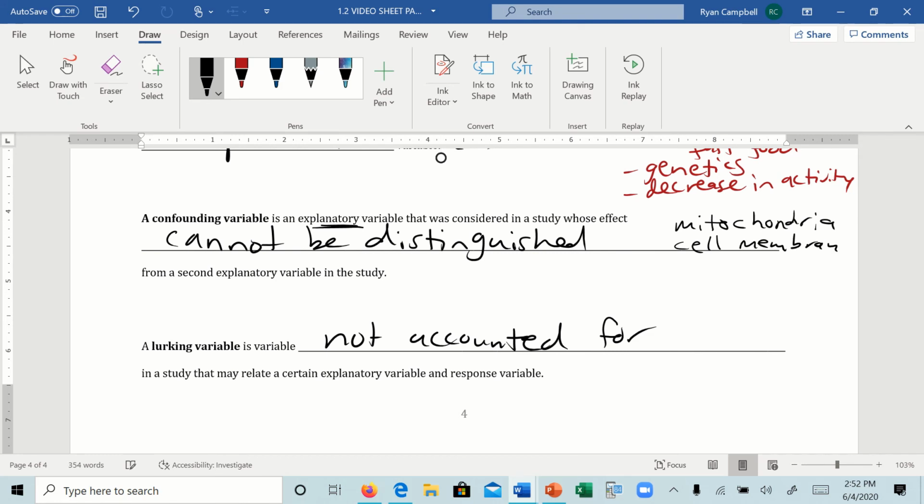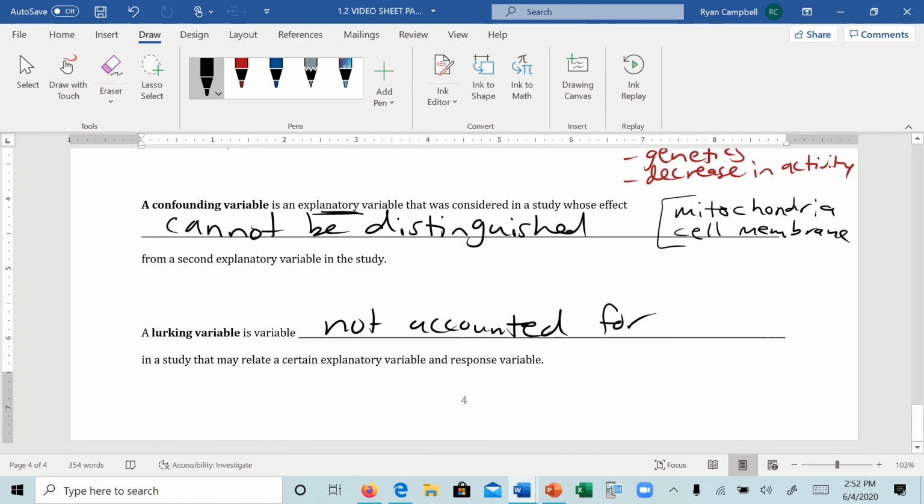Obviously I am not a biologist, so these probably have very different things in common. But let's just say for some reason, both of these are doing the exact same thing for something. And you do an experiment and it says, yes, that is what's happening. But you have no idea if it's the mitochondria or the cell membrane doing it. This would be a confounding variable. You can't distinguish one from the other in that case.